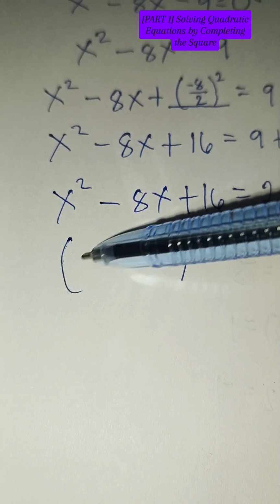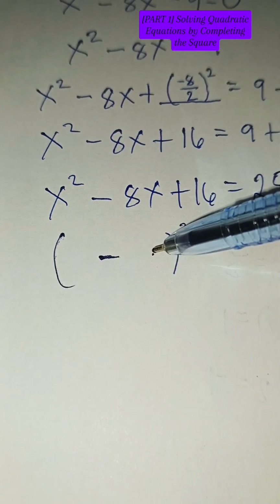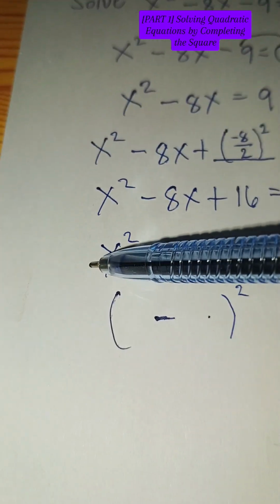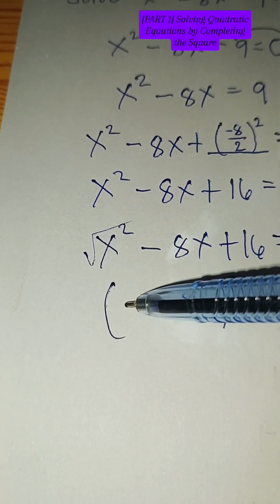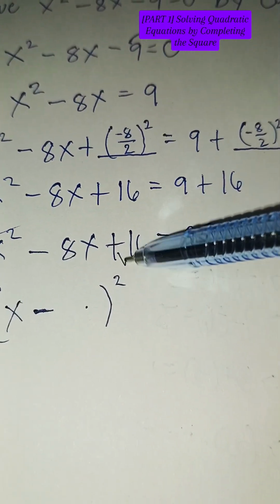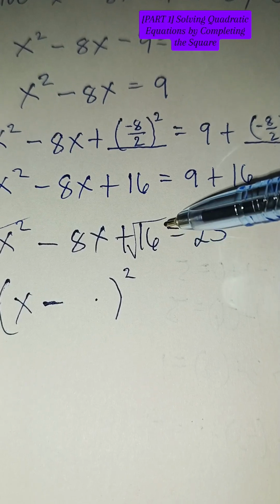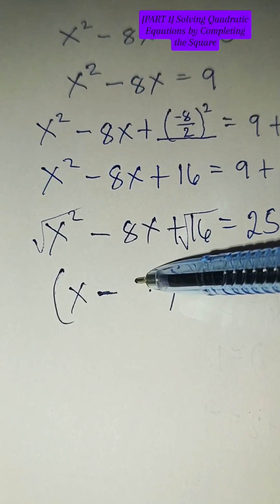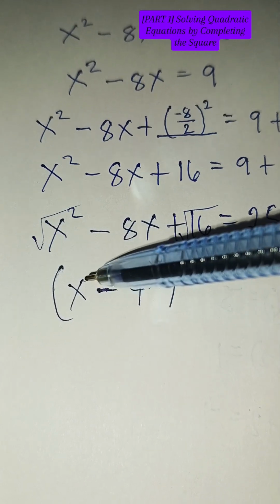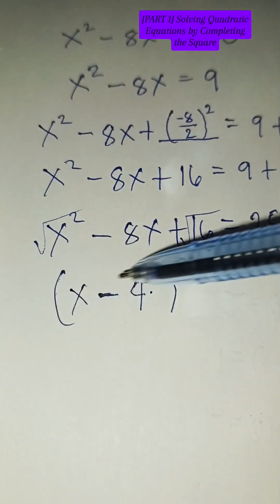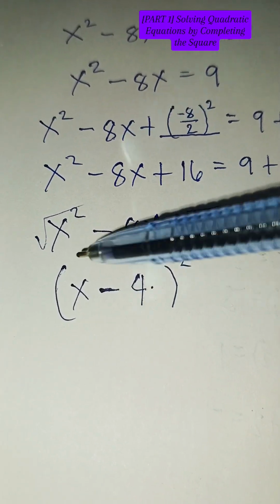Then how are we going to obtain the first and second terms inside the parentheses? We take the square root of the first term. The square root of x squared is x. Then we take the square root of the last term, 16. The square root of 16 is 4. We can check if it is correct: x squared, then multiply the two to obtain the middle term.